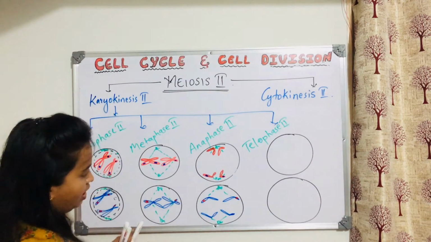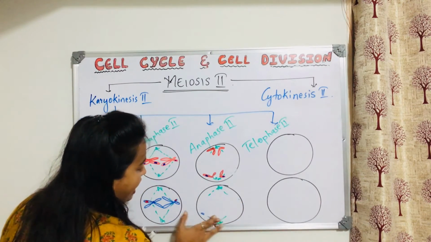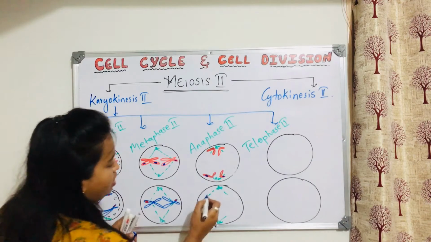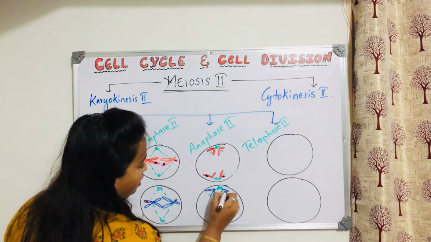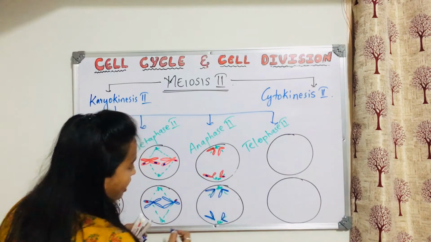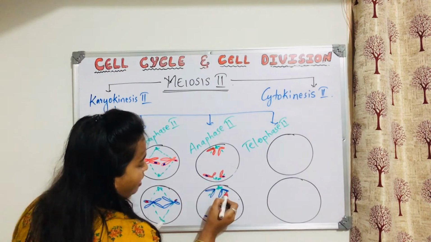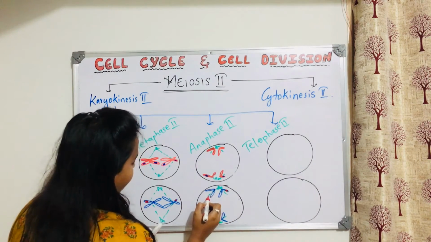In late anaphase, you will show them towards the end. And here also we have the separated chromatids. And where is the segment? The extra segment they have got is here somewhere.